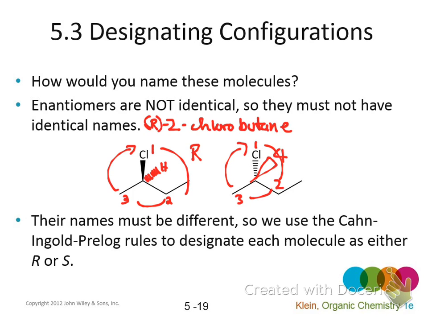So when a molecule is drawn like the one that's here, I would say, oh, that looks R, but the 4 is in front. And so rather than rebuilding it and redrawing it and doing all that stuff, it's S.